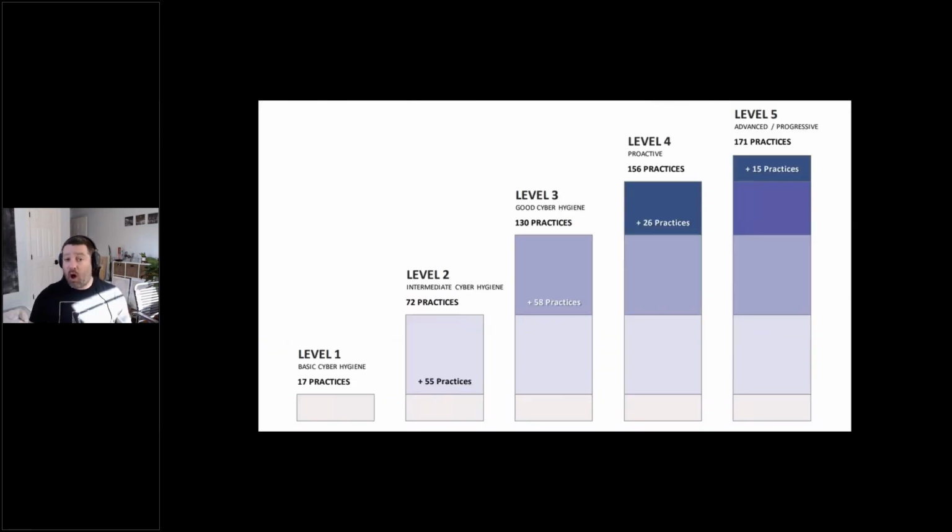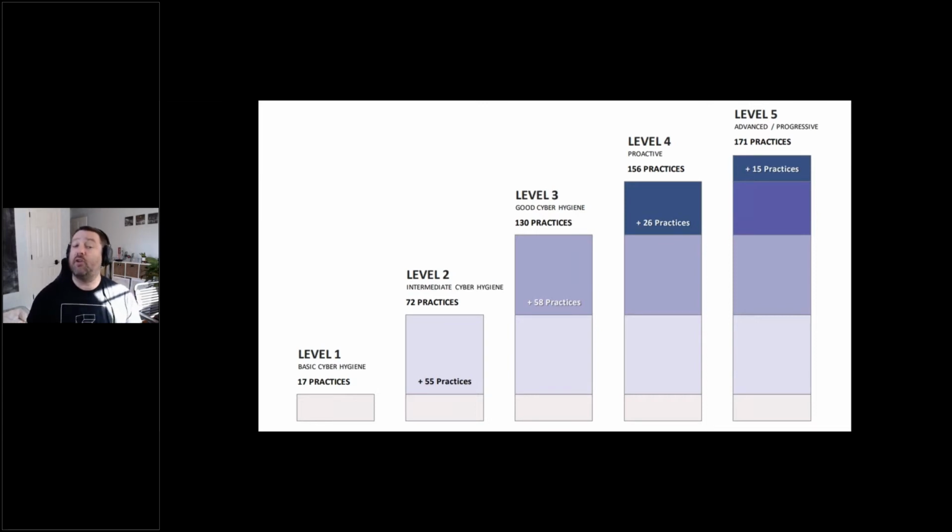Now, at level 1, there are 17 practices. So level 1 organizations bidding on the simplest types of contracts will likely only have to demonstrate 17 different cybersecurity practices. But once you jump to level 3, which is where most organizations will typically want to live, and you're bidding on contracts that are level 3 and below, you're going to need to demonstrate and document 130 practices.